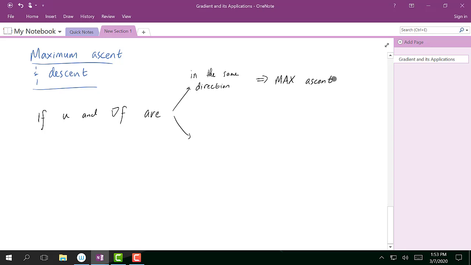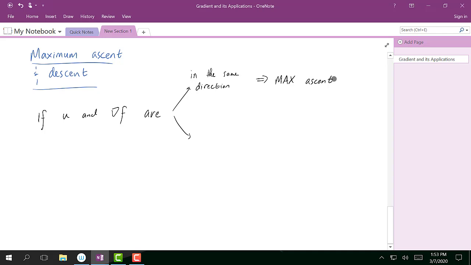And of course, it should make sense that, if I'm at some point along the hill, and one direction will take me to the top of the hill the fastest, then the opposite direction, one that's 180 degrees from it, will be the one of maximum descent. That'll get you to the bottom of the hill the quickest.